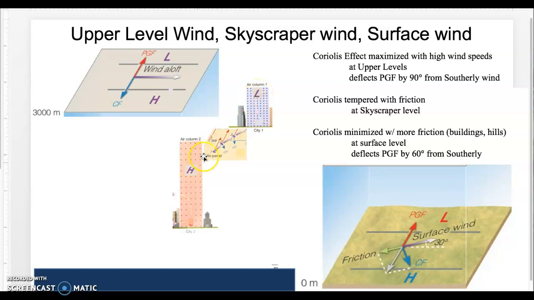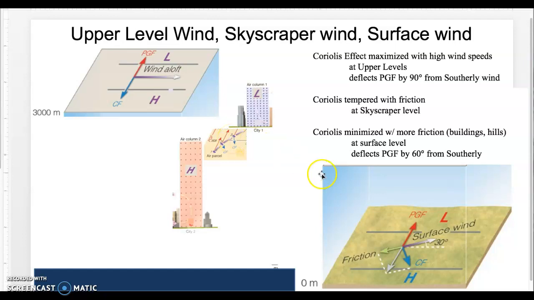When we move from high pressure to low pressure on the pressure gradient, you're going to get some Coriolis effect. However, there is a lot of friction due to these skyscrapers that will slow down the velocity of the wind. Hence, it will slow down the effect of the Coriolis force. And so you won't get that much of a pull to the right.